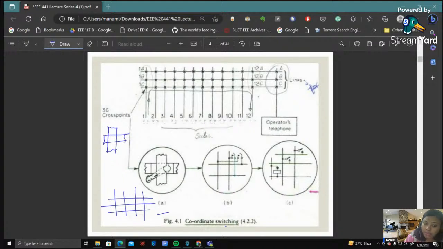This is the cross section, right? And then we put this thing. Okay, so this is A, this is B.